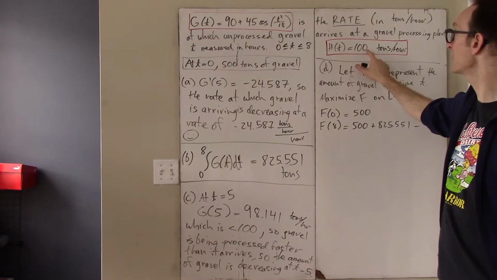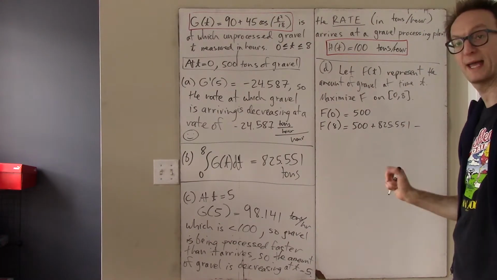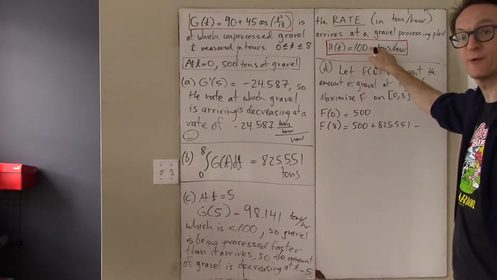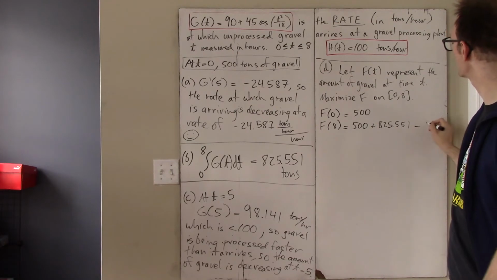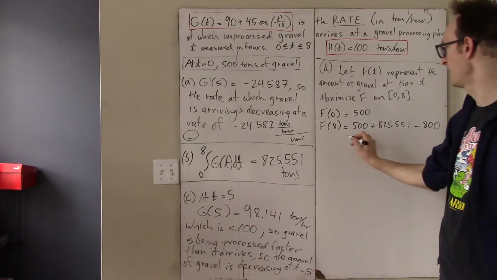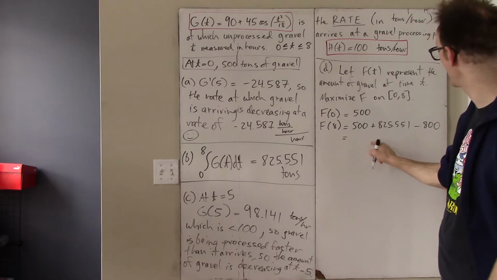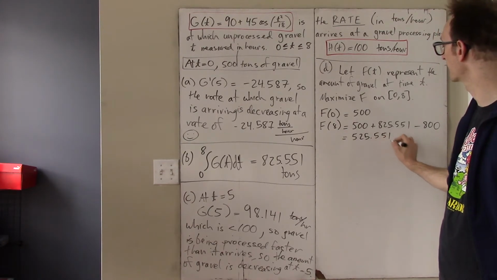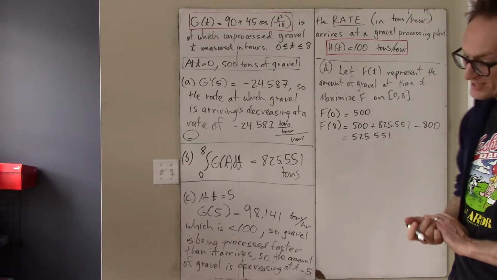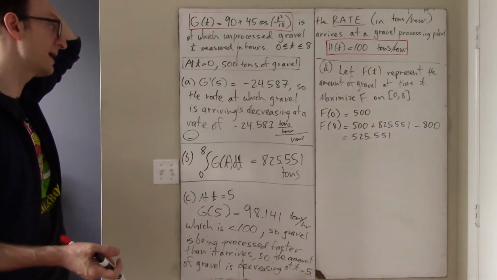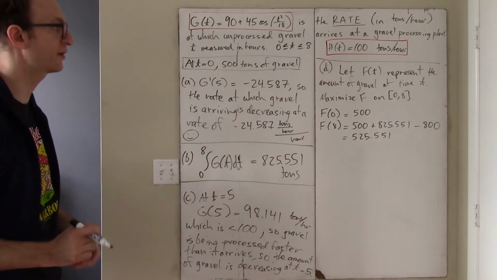If the gravel is being processed at 100 tons per hour, and the plant is running for 8 hours, then the plant is going to be processing 800 tons of gravel. And so the answer is that at the end of the day, I'm going to have 525.551.